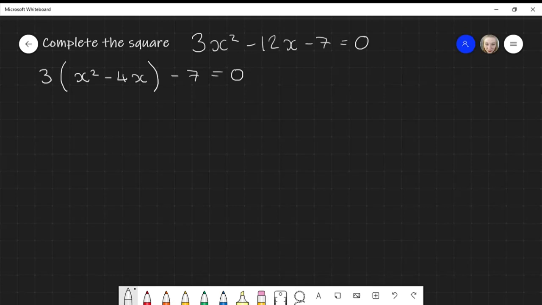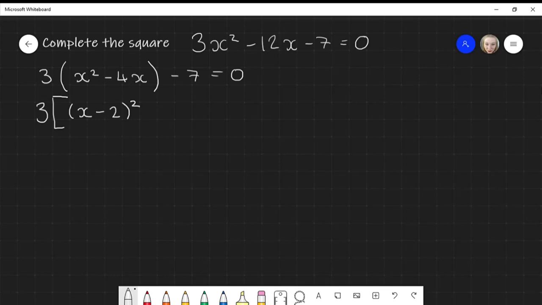So we're just going to do what we did to the x terms like we did in the first question. I'm going to make square brackets just to again hammer home the fact that everything in the brackets is times by 3. I'm going to divide the x term by 2, so I'm going to make this a minus 2. I'll square it.